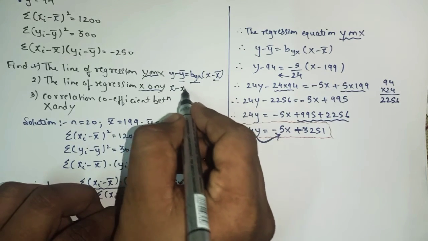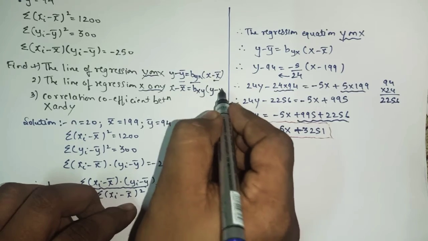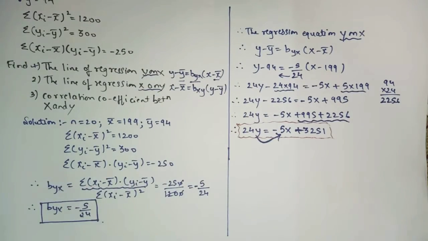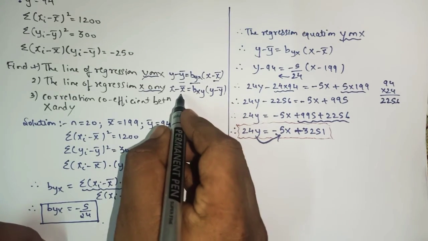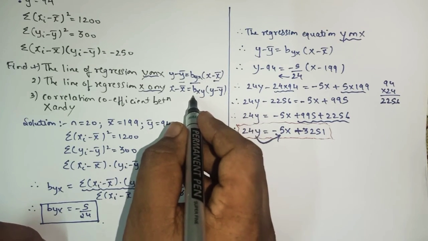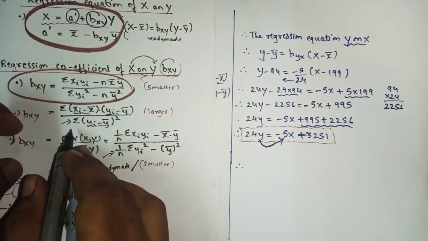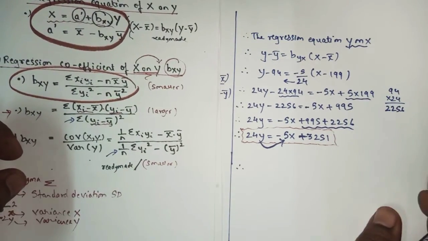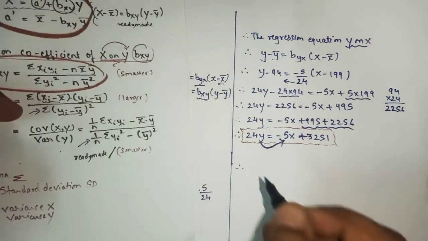X minus x mean equals bxy times (y minus y mean). Yes or no? So here we have x mean, y mean. So first we have to find bxy. To find bxy, again we have to apply the second formula as per the given condition.